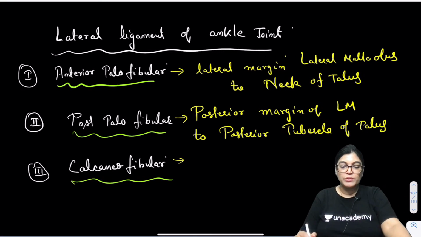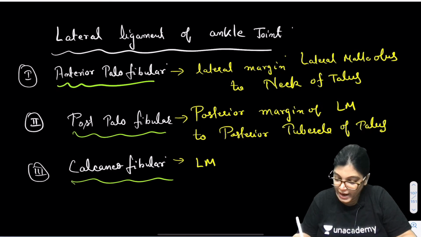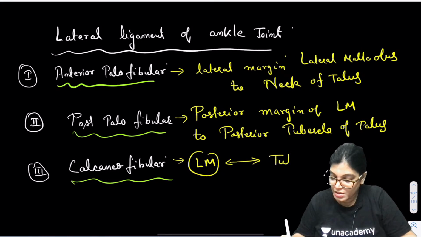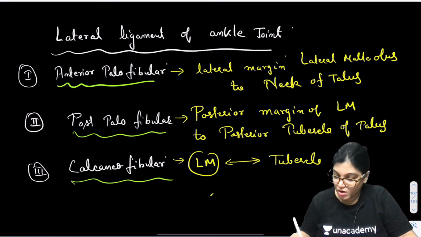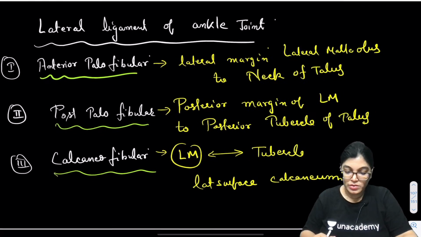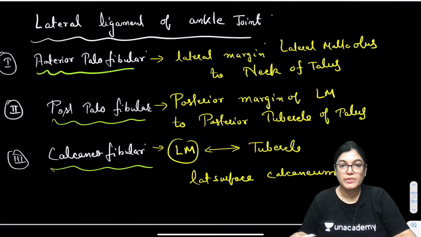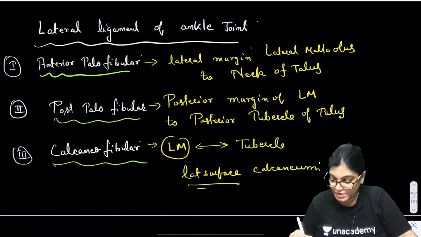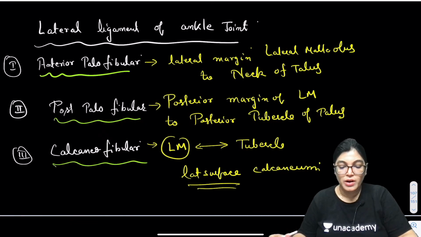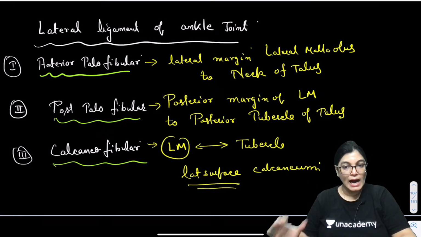Now calcaneofibular is attached from lateral malleolus to the tubercle on the lateral surface of calcaneum bone. So done with the lateral ankle ligaments. In short, we have completed the ligaments of the ankle joint.